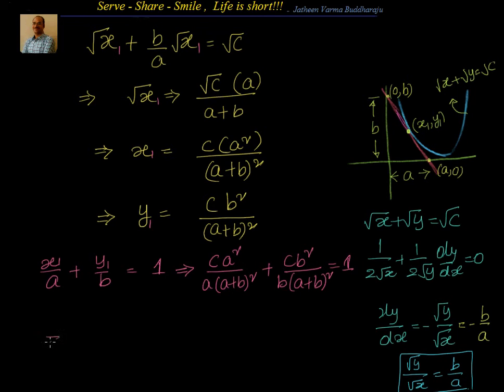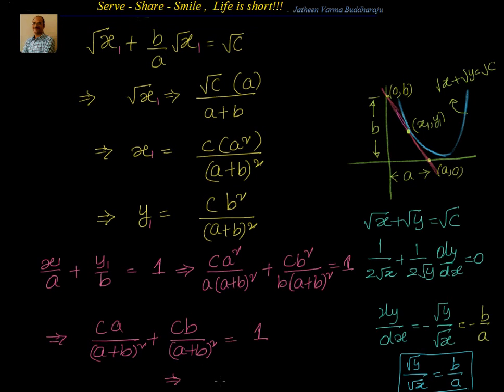If you simplify that, we will have ca by a plus b plus cb by a plus b whole square equal to 1.